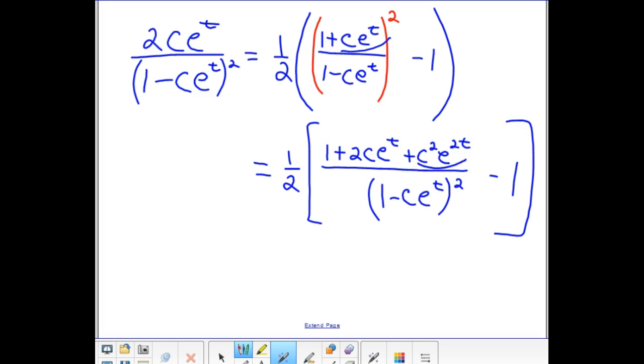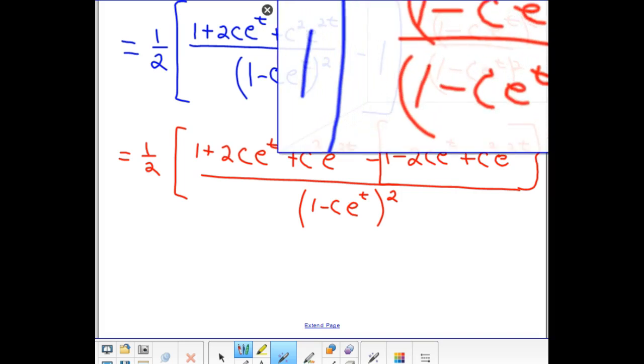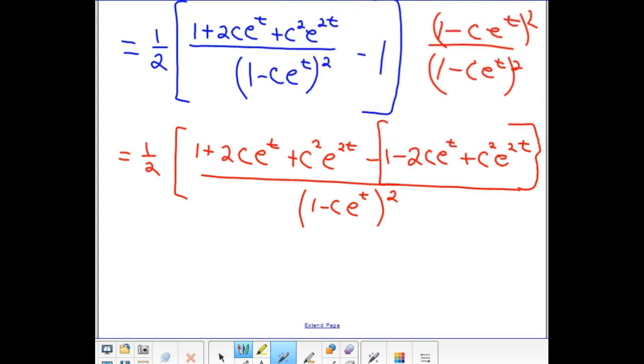But now I got to subtract 1 from that thing. So to subtract, I've got to have common denominators. So I rewrote 1 like that. And so minus 1 minus c e to the t minus 1, and then I squared that because that's what it says to do.